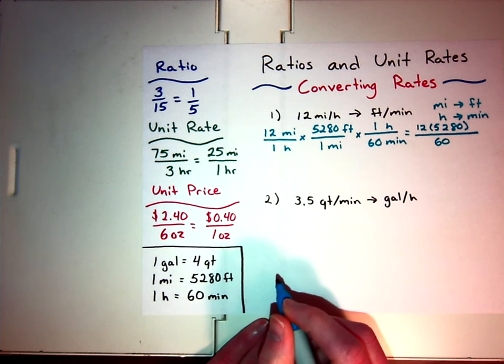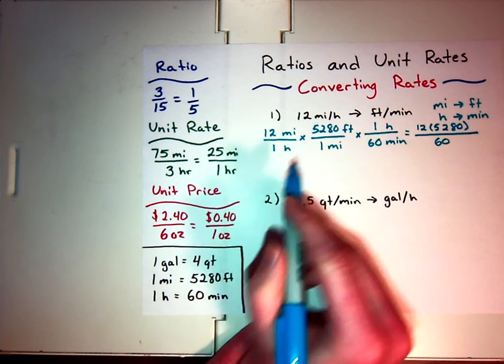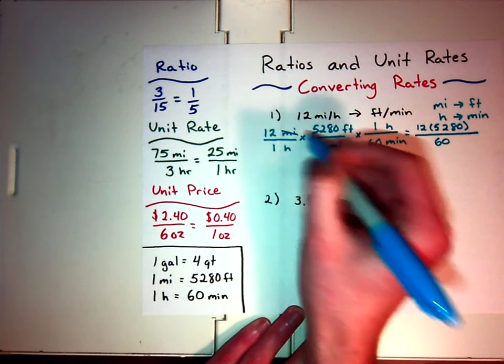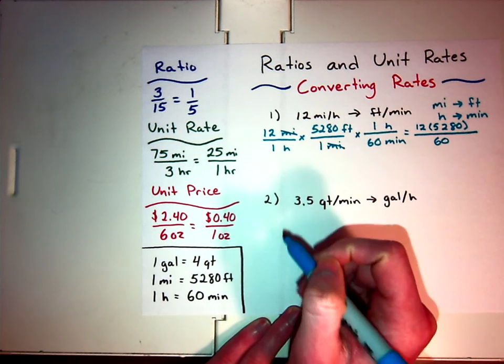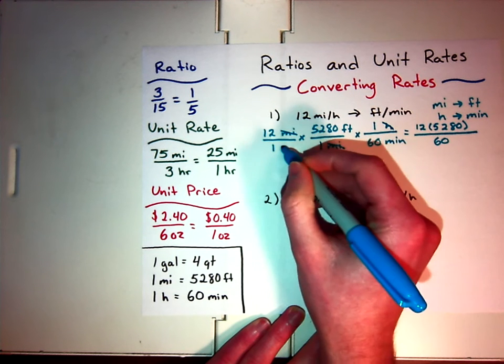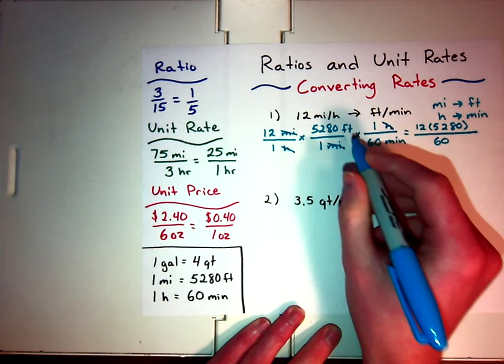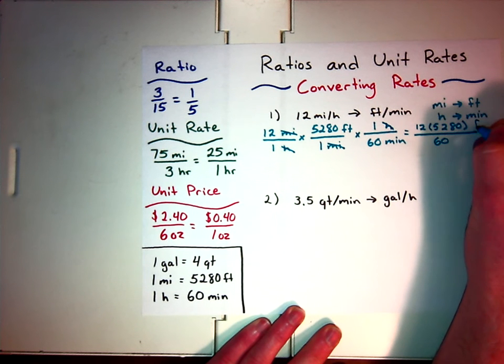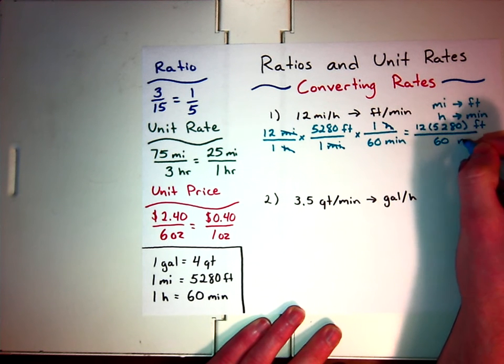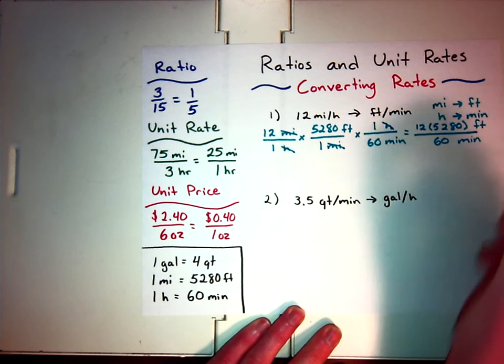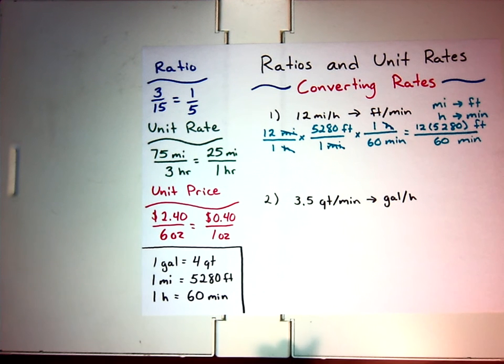Okay. And then you need to look, and I like to cancel out this mile and mile. I look across and I say, all right, that's hour and hour. Okay, what I'm left with is feet and minutes. But this is not as simple as it could be. So I'm going to get my calculator, multiply the numerator, 5,280 feet.